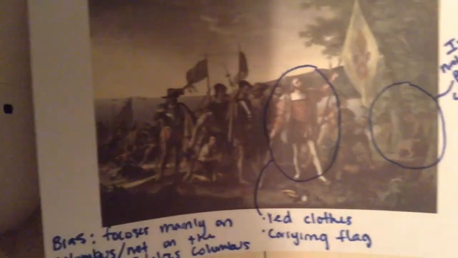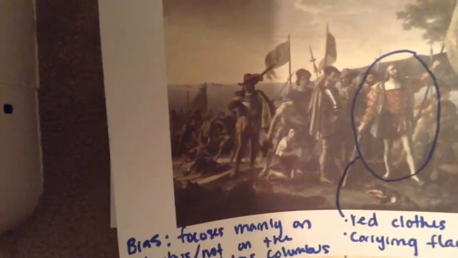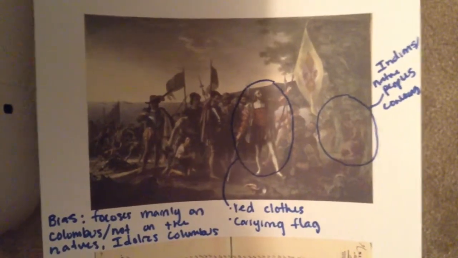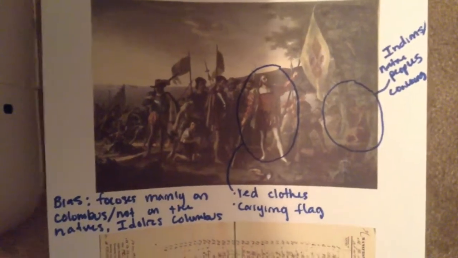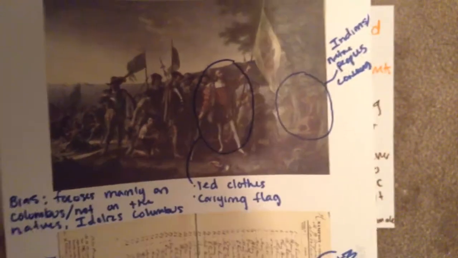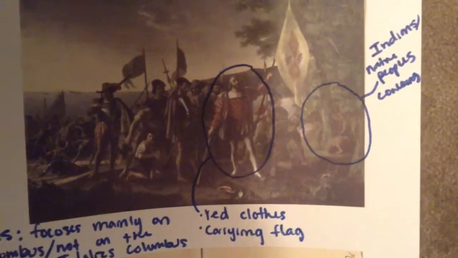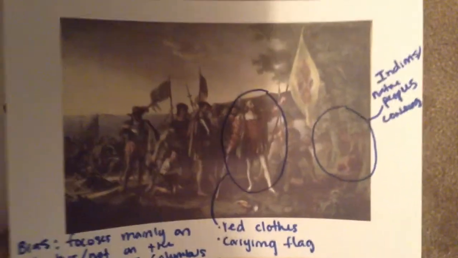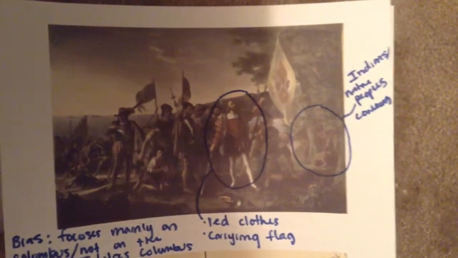So in this event, they've arrived just from the sea, and the people, who are probably the natives, have started hiding because they probably haven't seen white people before. This main character is carrying a flag also, so that signifies his importance, and also the fact that he's pretty much in the middle.